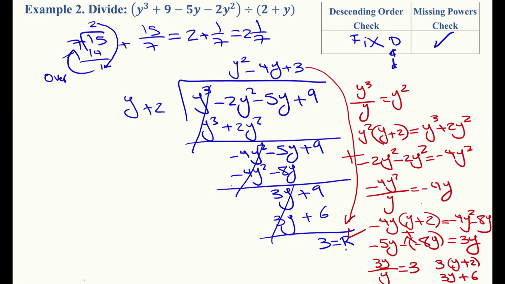So for the result, we write y squared minus 4y plus 3. And starting here, we know that we have to say plus the remainder over the divisor. So plus 3 over y plus 2. Just as we did in the past with regular arithmetic and long division of just constants.